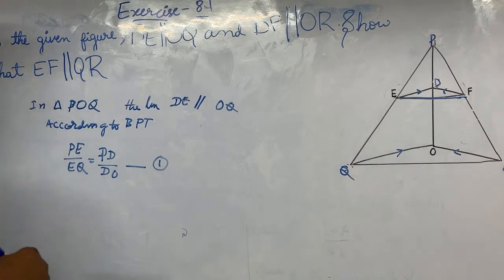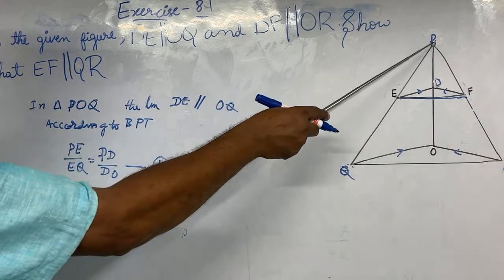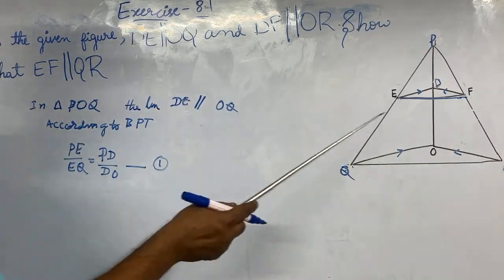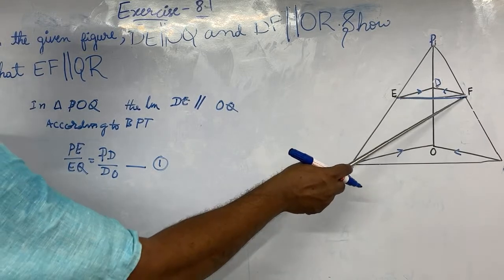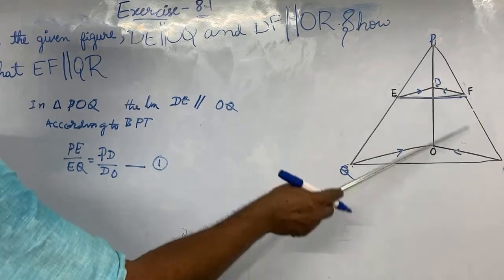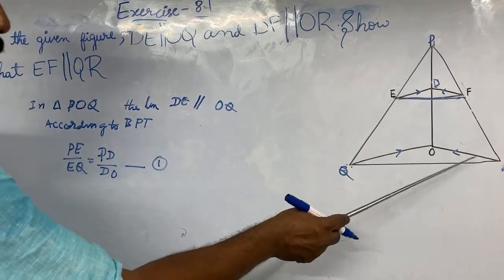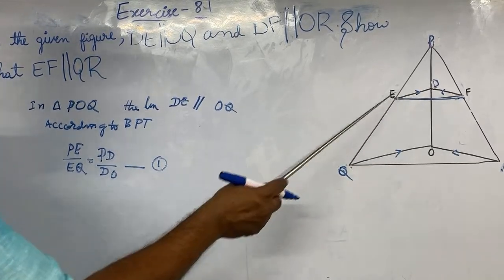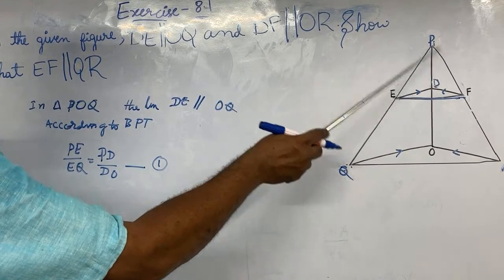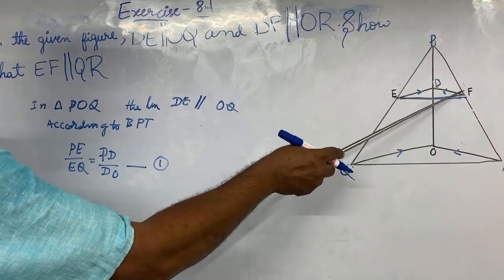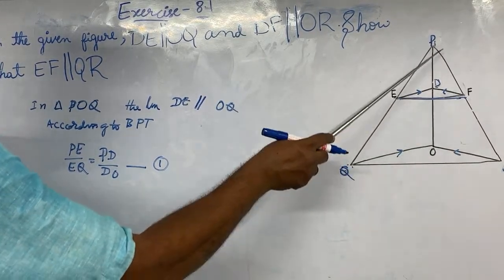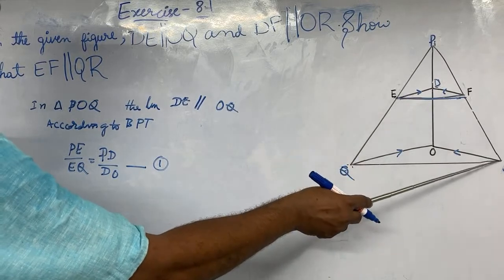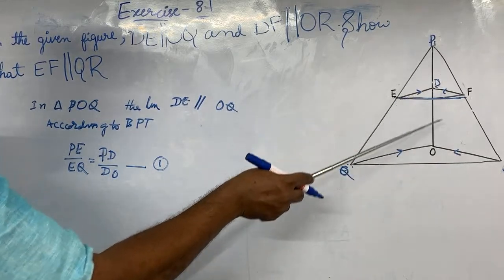Now we'll go for the other triangle, POR. In this triangle, DF is a line parallel to the base OR. And we get one more ratio here. What is the ratio? PF by FR equals PD by DO.